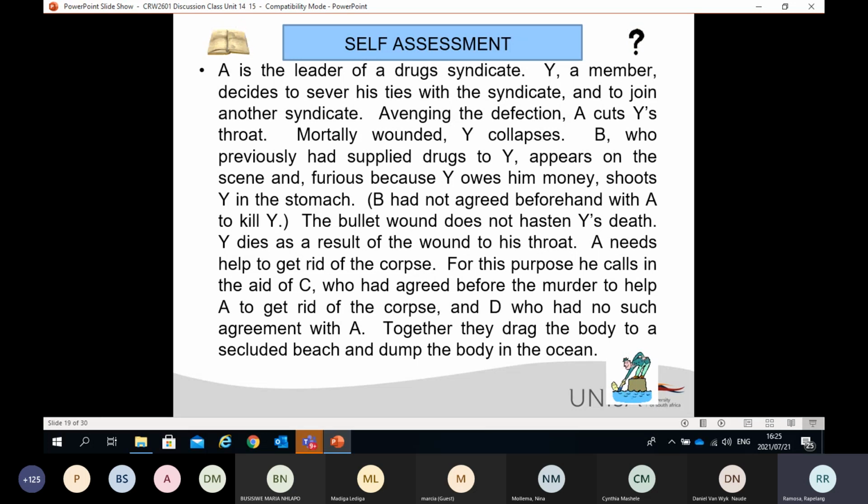But importantly, when B acted, Y was still alive. But nevertheless, the bullet wound that he inflicted did not hasten his death. He died thereafter as a result of the wound to his throat.